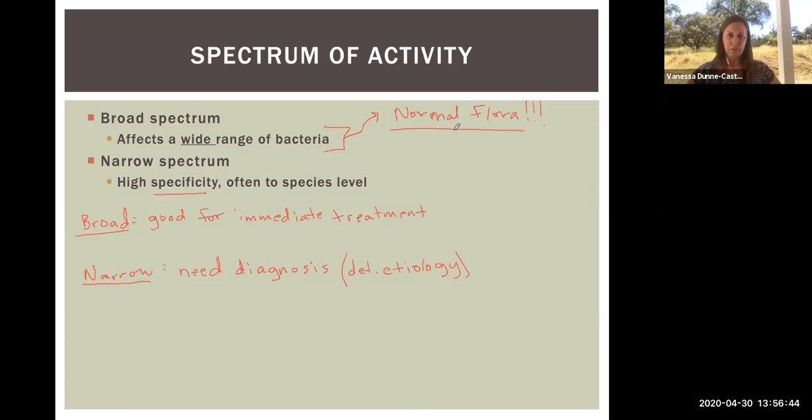But let's do a very quick reminder of some of the benefits of normal flora, since we're talking about that anyway. Let's remind ourselves of some of the benefits of normal flora, and what can happen when you take a broad spectrum antibiotic.